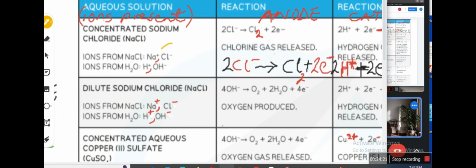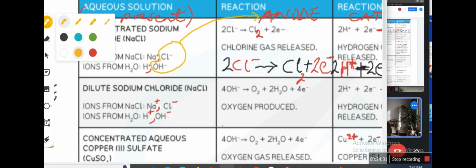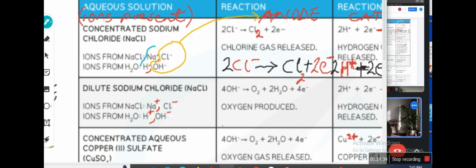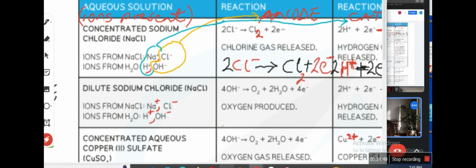The chloride and the hydroxide will go to the anode, while the sodium and hydrogen ion will go to the cathode. You see that?